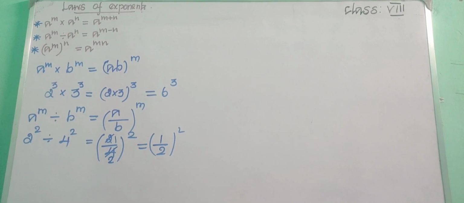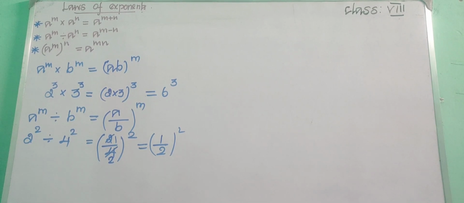So if A power m divided by B power m is there, we write A by B the whole power m. This is called quotient of same powers to the power of product rule.